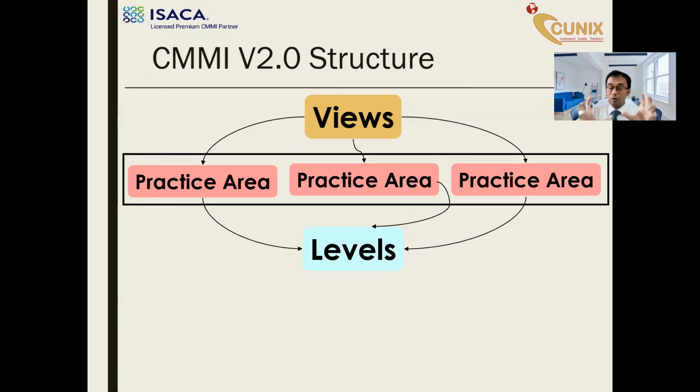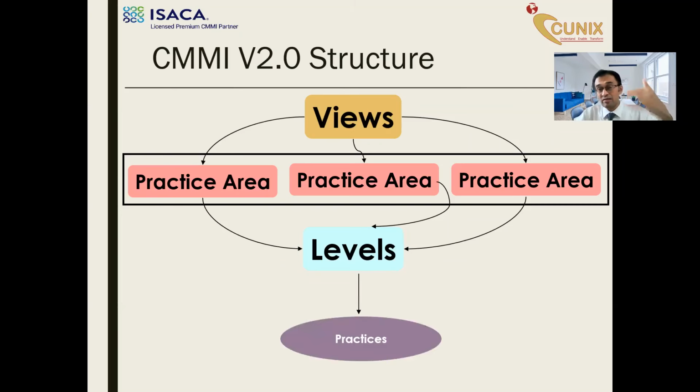Okay, so now it's not about, if I am targeting a particular maturity level, I have to look at only those number of process areas or practice areas. Now it's like if you're targeting level 3, well, you got everything. So all the flavors are now introduced, and of course we'll talk more about that. And then under each level you have practices, right?